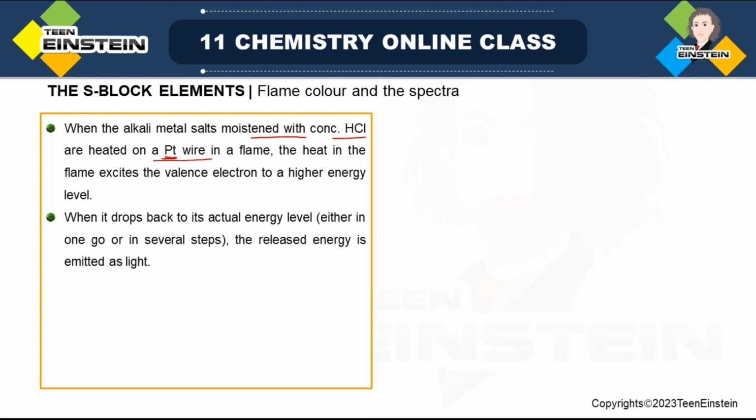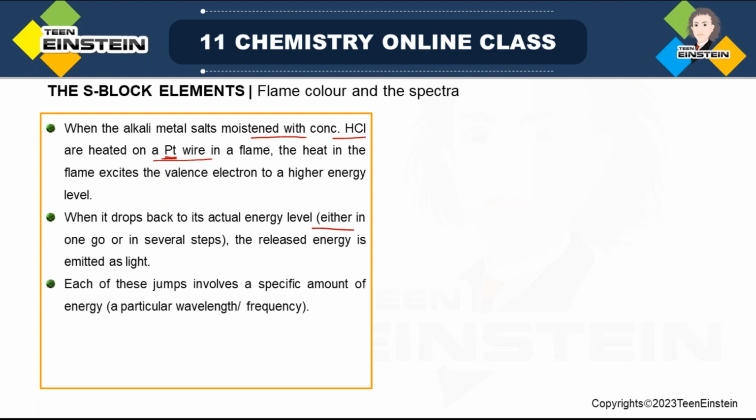Now when it drops back to its actual energy level, this may happen either in one go or in several steps. When it moves to higher energy, there is some energy absorption. When it comes back, this energy is released, and the released energy is emitted in the form of light. This jump from high to low has a specific amount of energy.